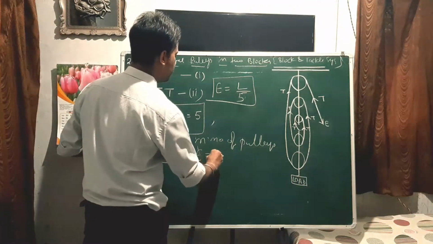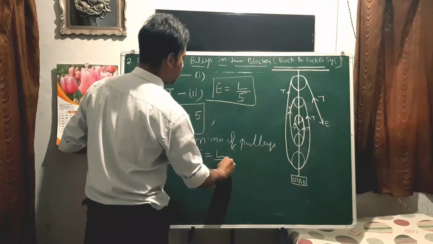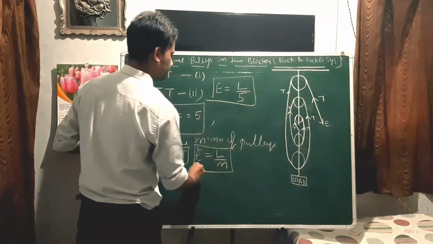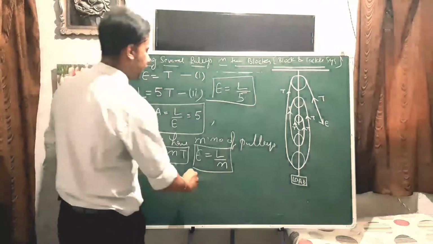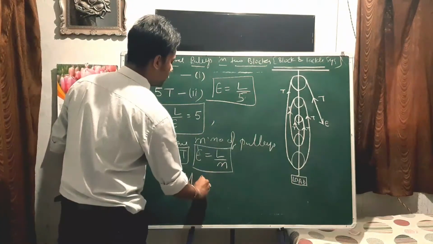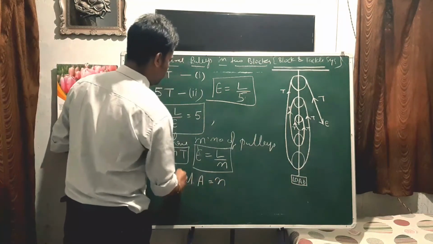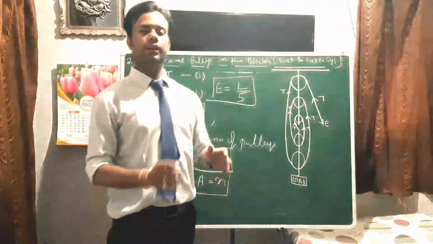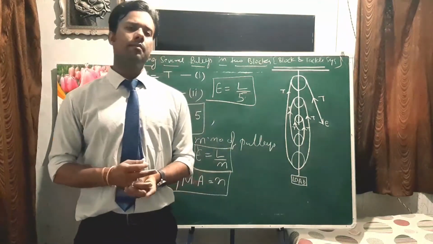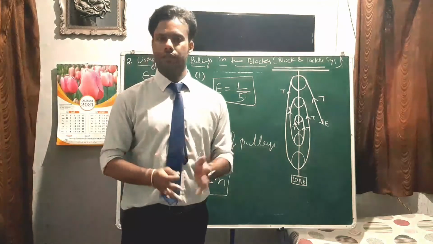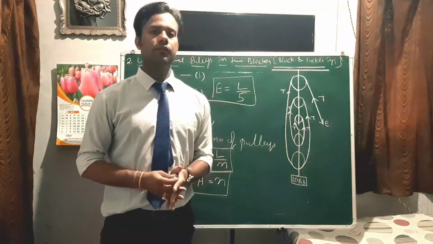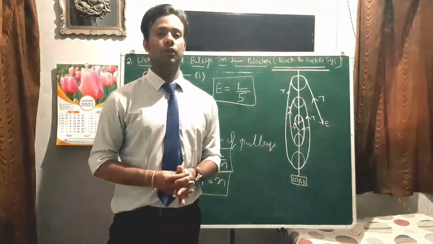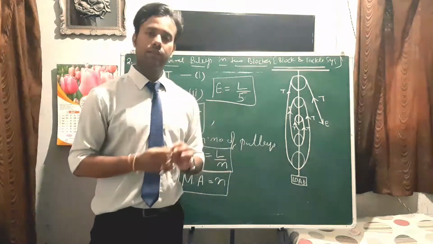Effort will be L upon N, and the MA, mechanical advantage, will be equal to N. That means just count the number of pulleys in the system, and that will be the mechanical advantage of the system. Now let's talk about the velocity ratio and the efficiency of this system.